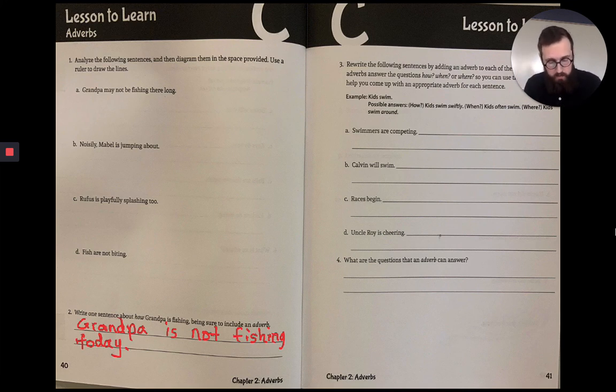Question number 3, rewrite the following sentence by adding an adverb to each of them. Remember, adverbs answer the question how, when, or where. You can use those questions to help come up with appropriate adverbs for each sentence. Now, this is where you get creative. So you just come up with the adverb that goes well with the sentence.